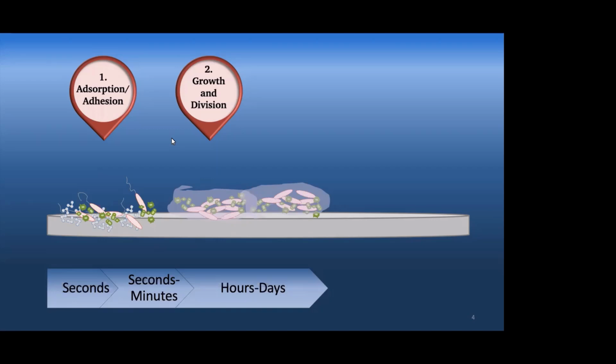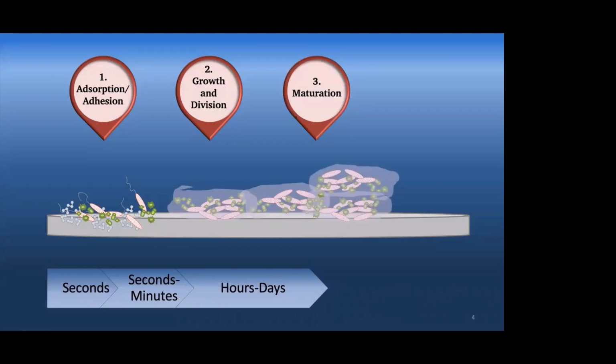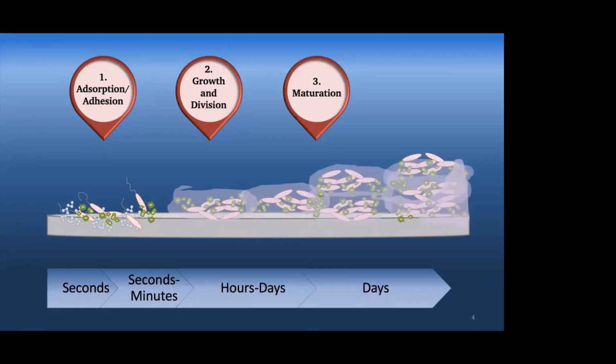Also, take note that it will not be the same bacteria and the same microalgae all the time. There will be recruitment of new types of bacteria and types of microalgae, which will be joining them on this surface. After growth and division, the biofilm will mature. And then after some days, some of the bacteria will start to disperse.